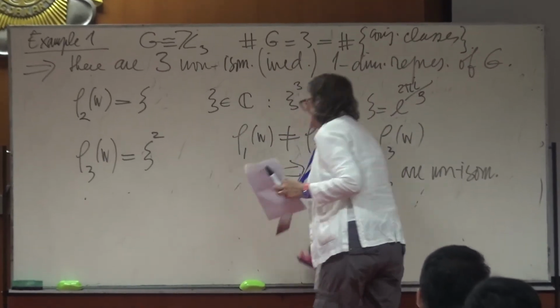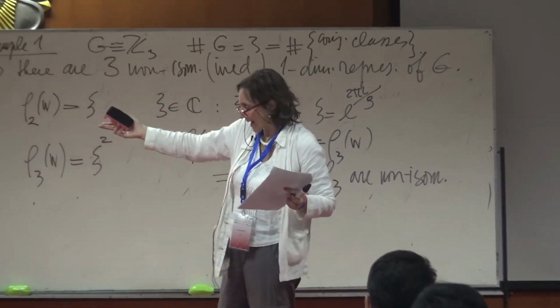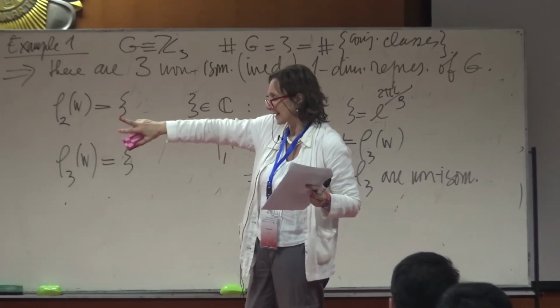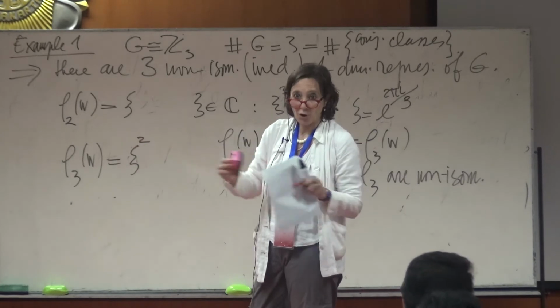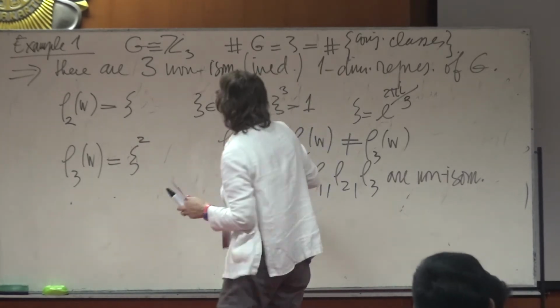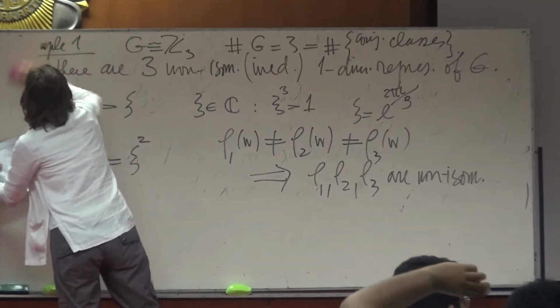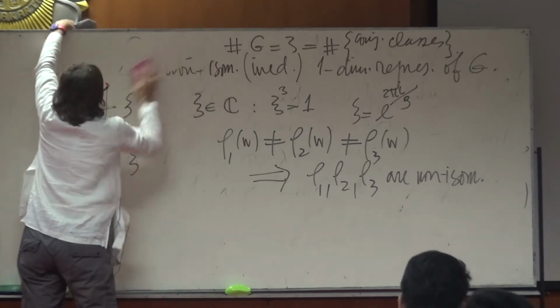If we really want to go a bit further, we can also check that indeed the characters chi 2 and chi 3 are orthogonal with respect to the norm that I wrote earlier. Or maybe you can do it as an exercise, and I go to S3.